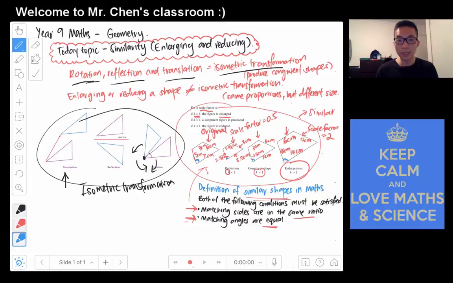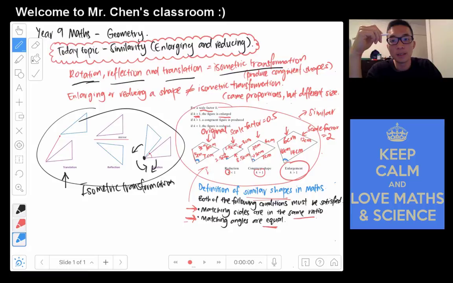For example in a triangle, it doesn't matter whether it has been enlarged by twice, the total internal angles of a triangle will always add up to 180 degrees.